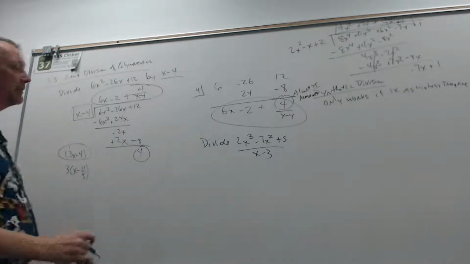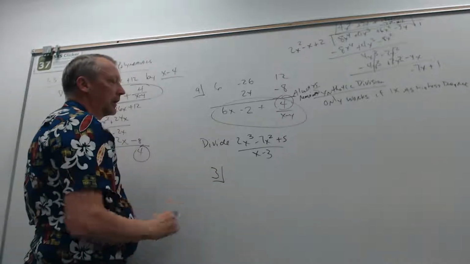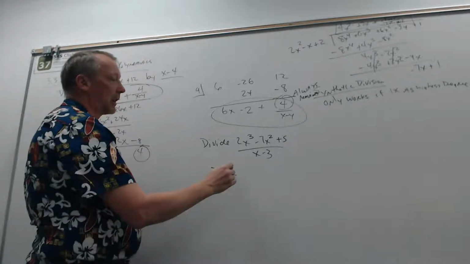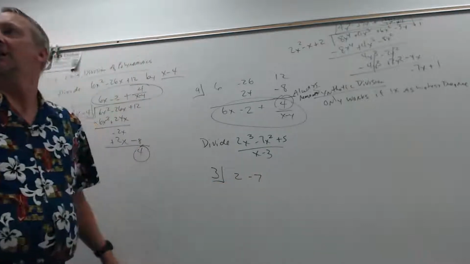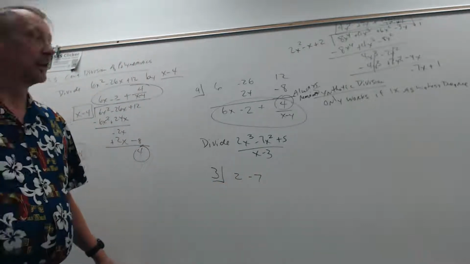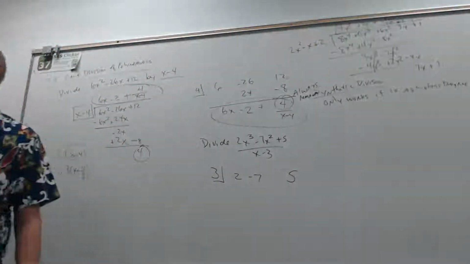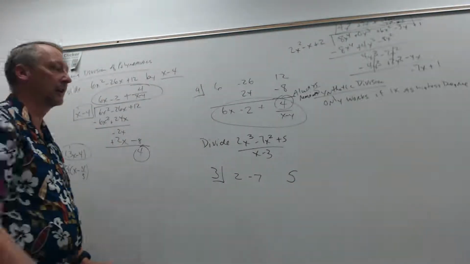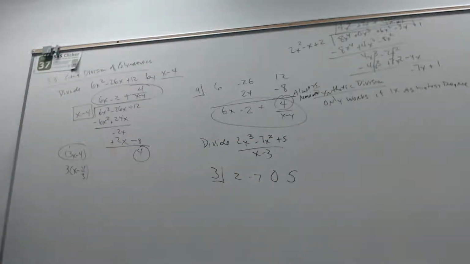What's the number I put in the box? 3. What do I put over here? 2, negative 7, 5. What did you forget? The 0. You forgot the 0. 0x to the first, right? Tricky, as Run DMC would say.